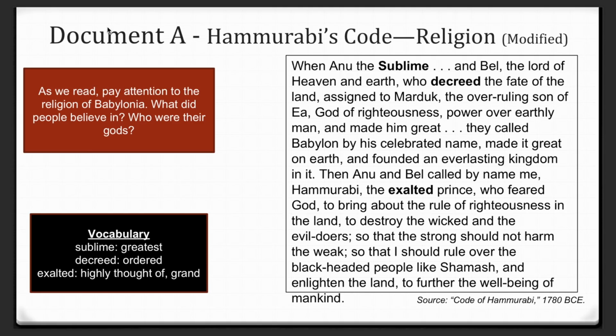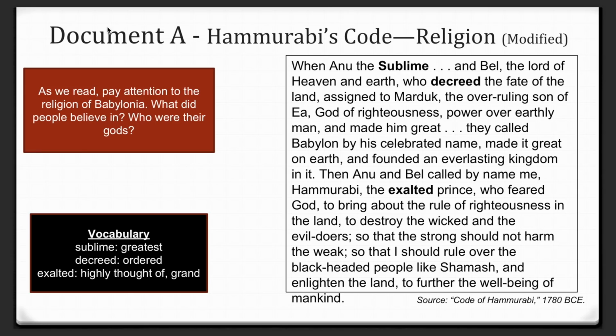Then Anu and Bel called by name me, Hammurabi, the exalted prince, who feared God, to bring about the rule of righteousness in the land, to destroy the wicked and the evil doers, so that the strong should not harm the weak, so that I should rule over the black-headed people like Shamash, and enlighten the land, to further the well-being of mankind.